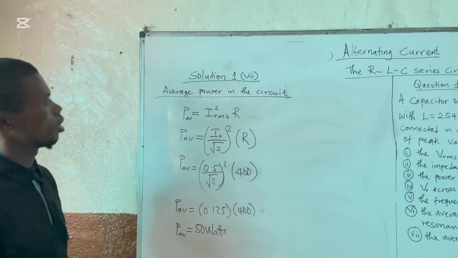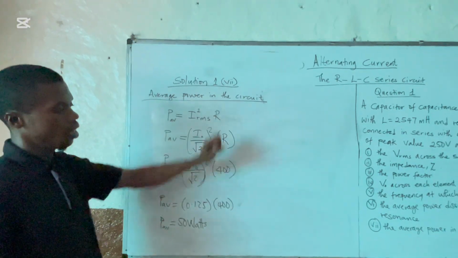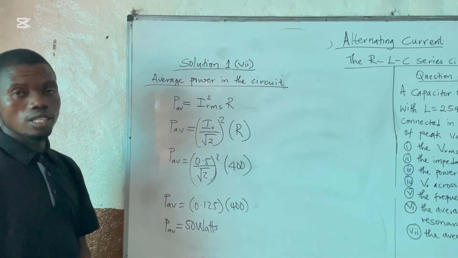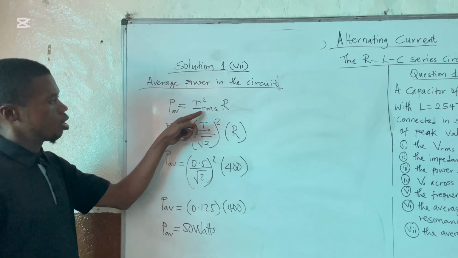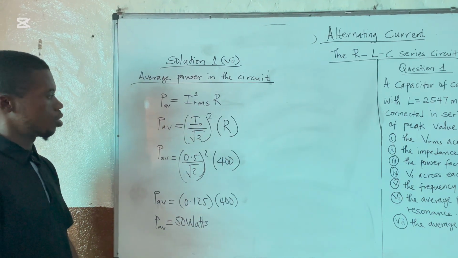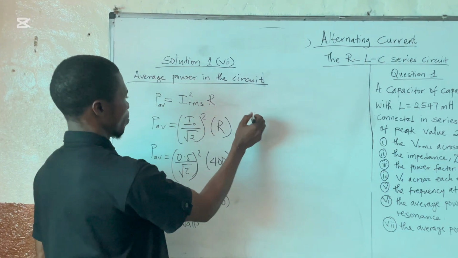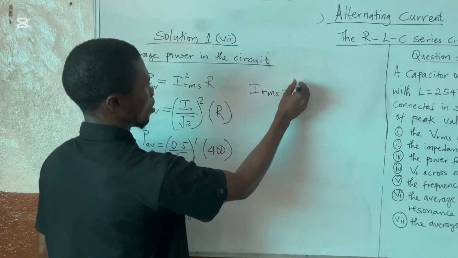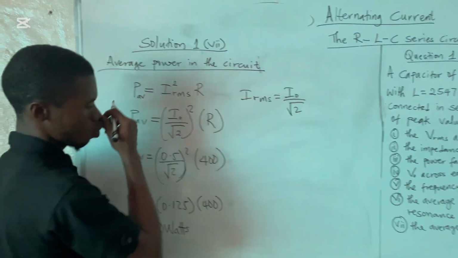Lastly, we're going to look at the final solution. It says we should find the average power in the circuit. The average power is equal to the square of the root mean square current multiplied by the resistance. Like I told you initially, I rms is equal to the peak value current over the root of 2.